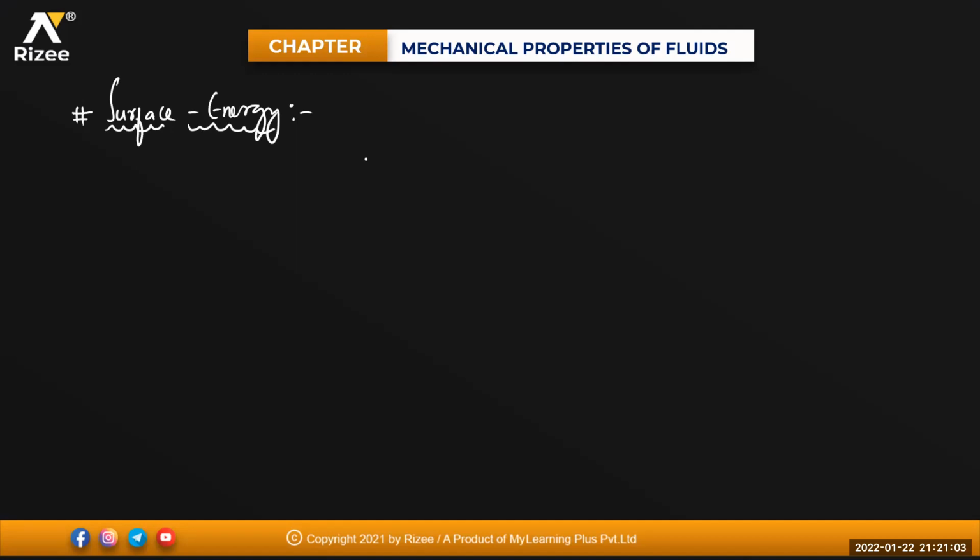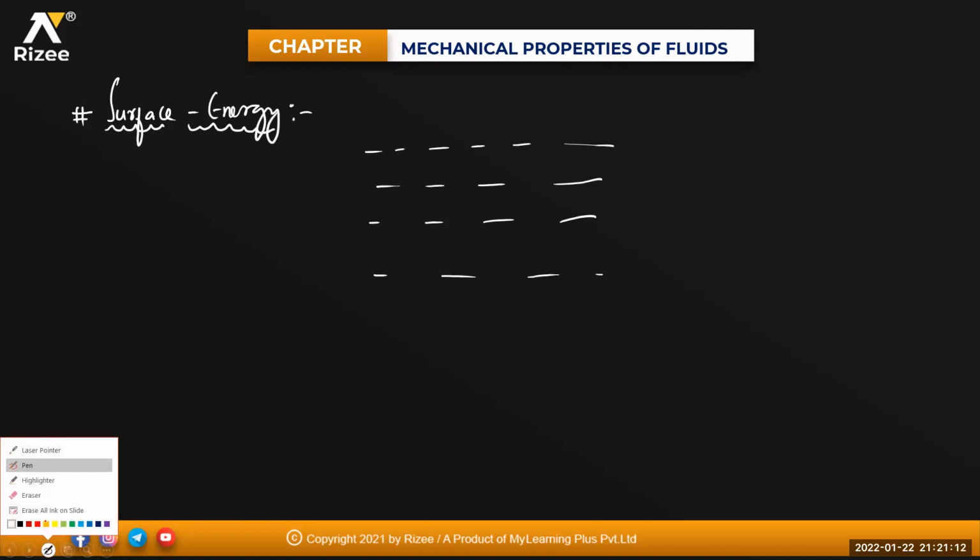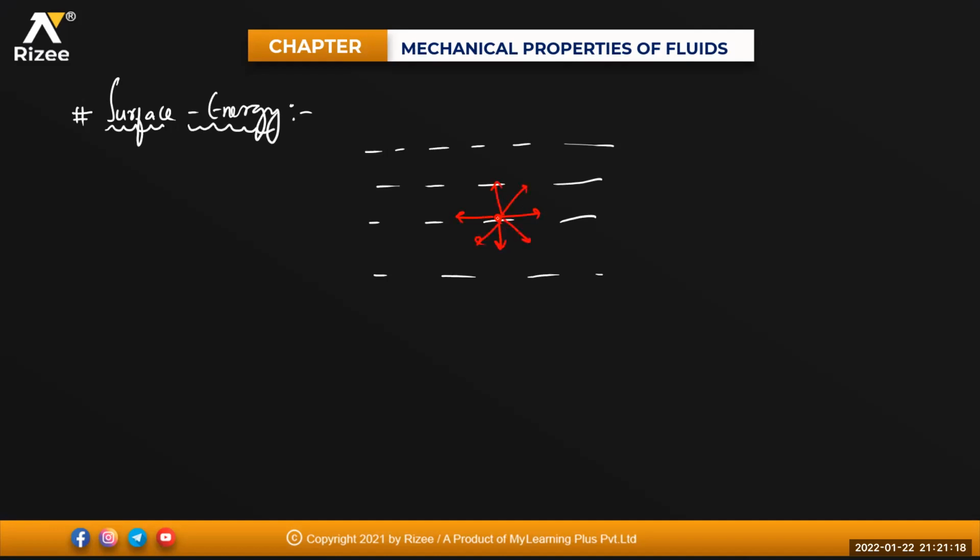Okay, like say for example, if I take a liquid like this, the molecule which is totally inside is in equilibrium. Like say on this one, if I'm taking, all the forces are in equilibrium, so it is totally in equilibrium. Whereas if I take the molecule which is on the surface right now, there is one force here, one force here, one force here.